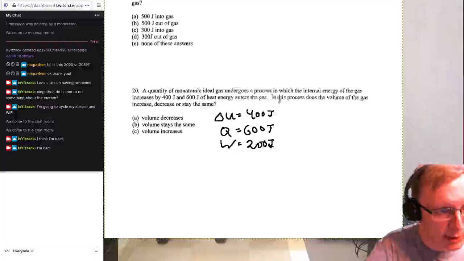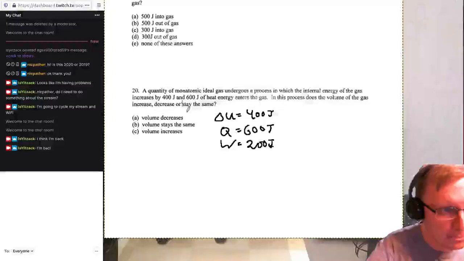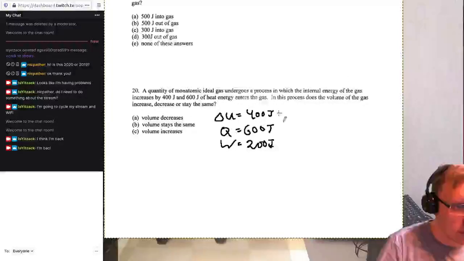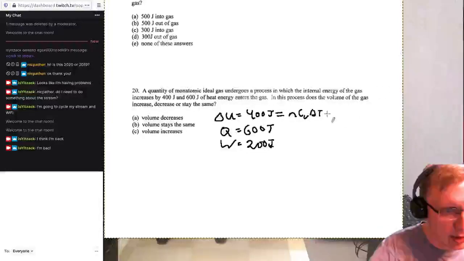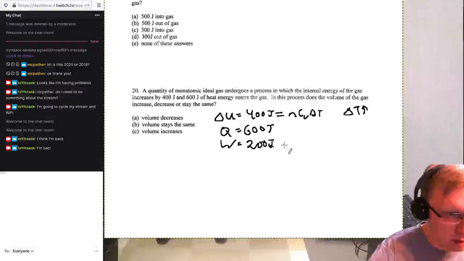For a monatomic gas, the internal energy is equal to nCV delta T, which means that T had to increase. Delta T had to go up, but I don't think that's what we need to be concerned about.